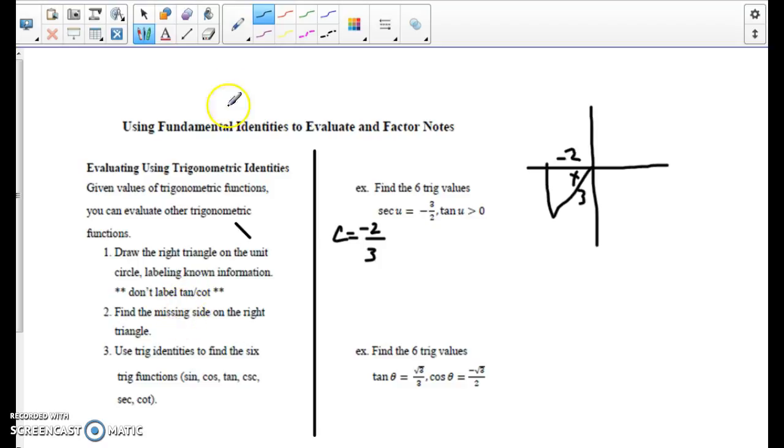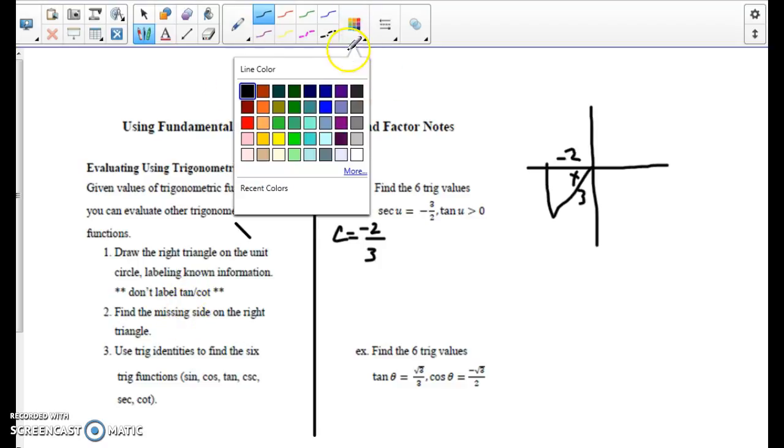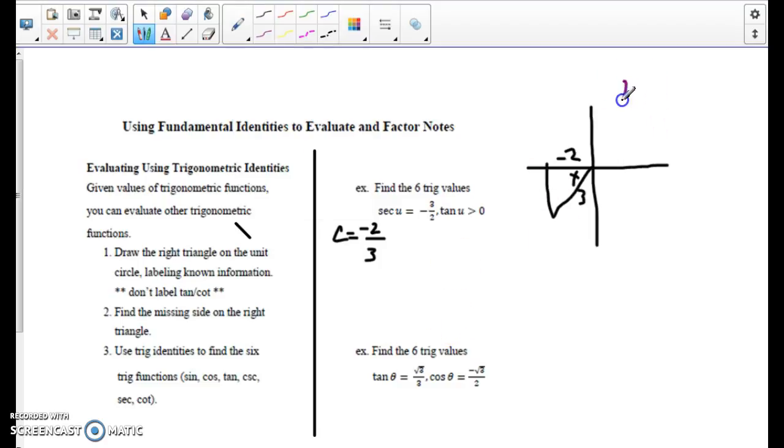The second step is to find the missing side on the right triangle, and you use Pythagorean theorem. (-2) squared plus x squared equals 3 squared. So doing a little math, getting my pen to catch up with me: 4 plus x squared equals 9.